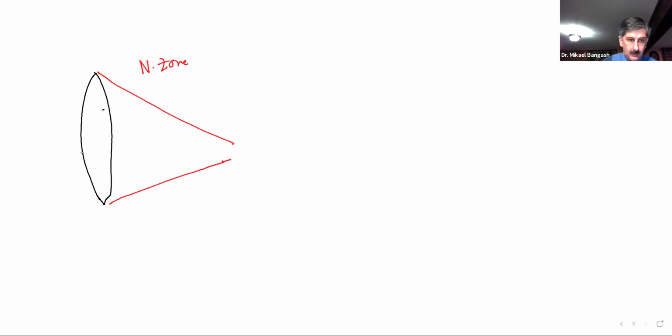We can see that this part here is the focus. And on the other side, this here is the far zone. Now let us just focus on the focus.